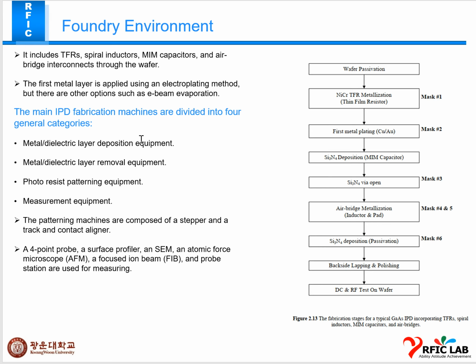This is about the foundry environment. As you can see, these are the stages of fabrication for a typical GaAs IPD, incorporating TFR, a spiral inductor, MIM capacitor, and air bridges.